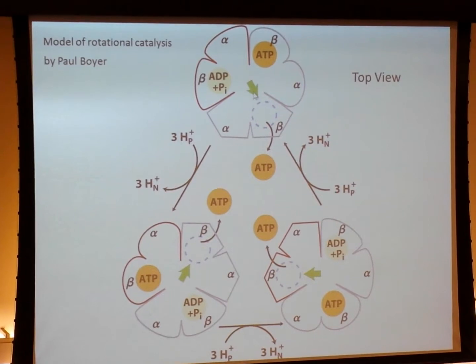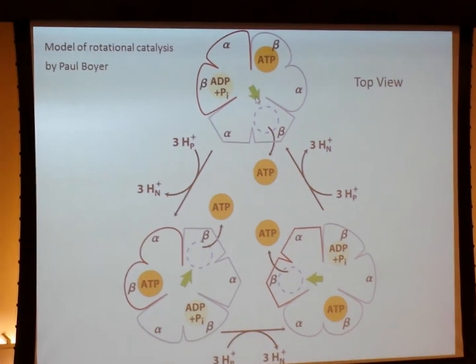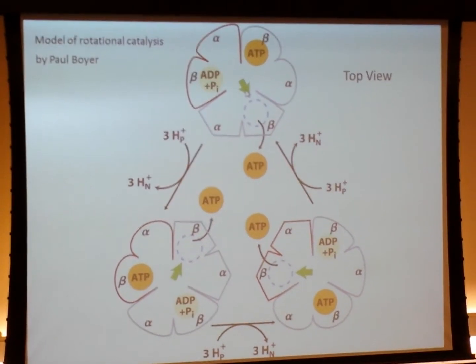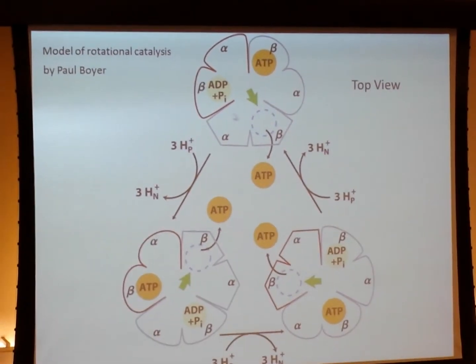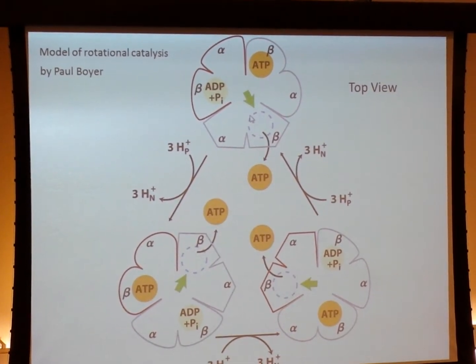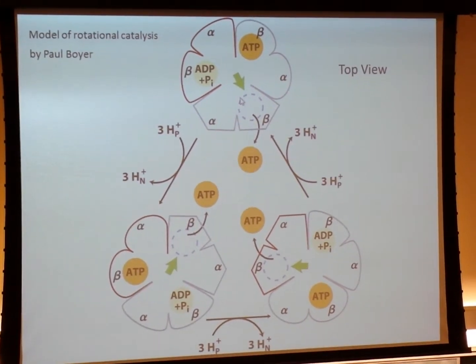So the arrow, the crooked finger here, is pointing this way because it's been spun. And as it goes around, it just kicked these two guys, this alpha-beta pair, sterically kicked them in the pants and made them release that ATP.